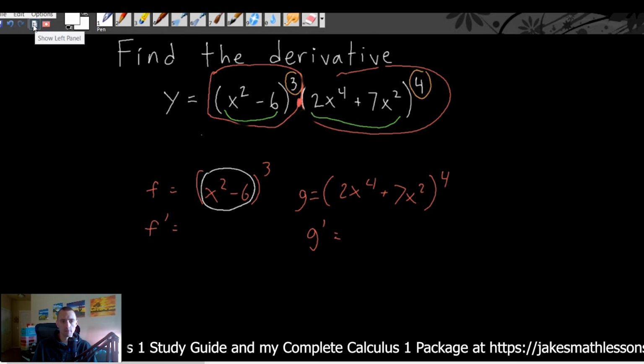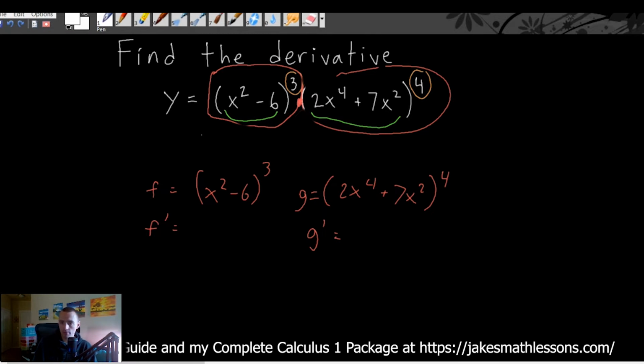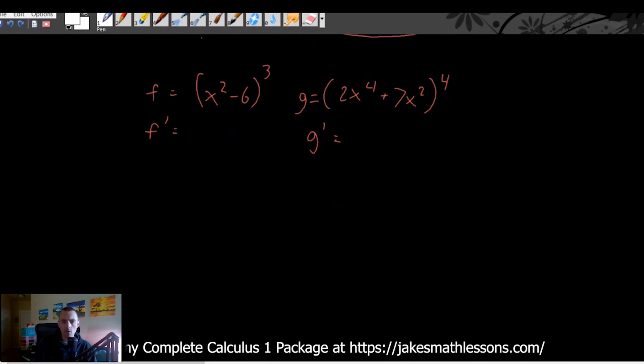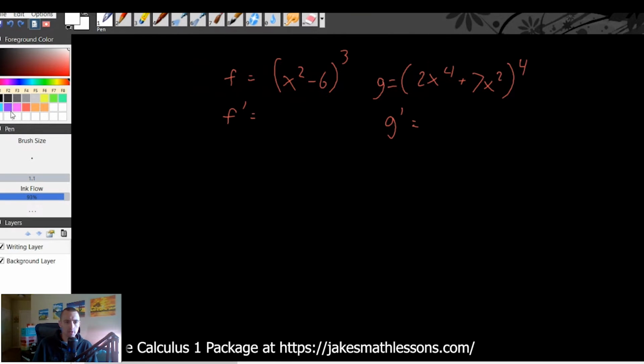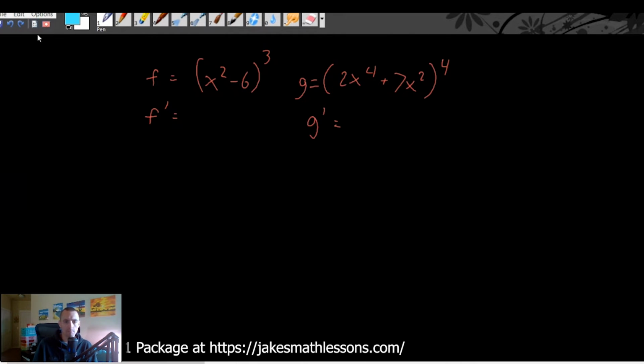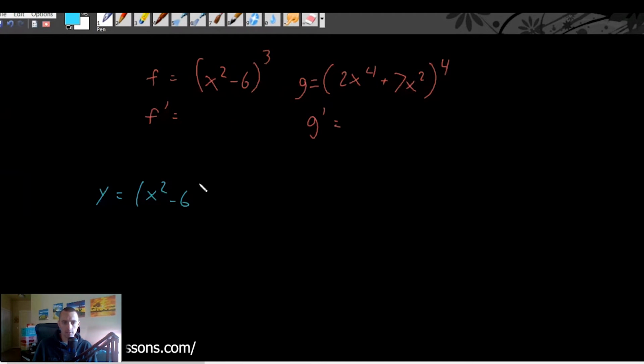So let's go ahead and kind of make a separate problem out of that. So to find, just kind of taking that separately down here, if we want to find the derivative of this, x squared minus 6 all cubed, we want to find y prime, right?